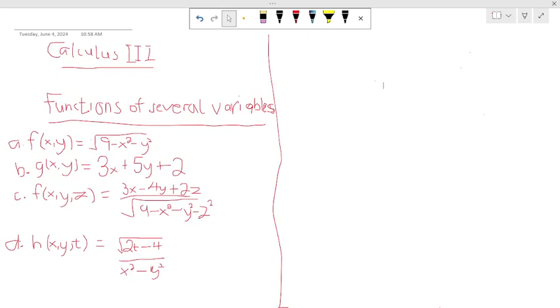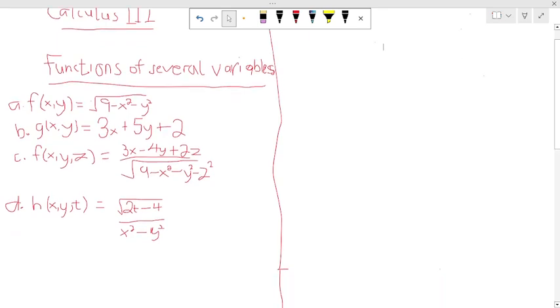Now we all know that for this function to be defined, the number or the value under the square root should be greater than or equal to 0, because if the value under it is less than 0, we are going to get a complex number which is going to make it undefined.